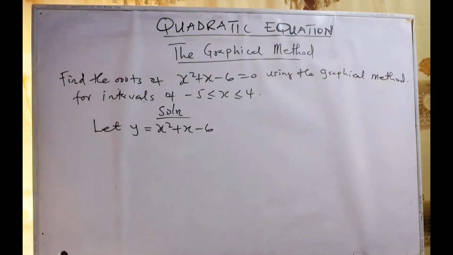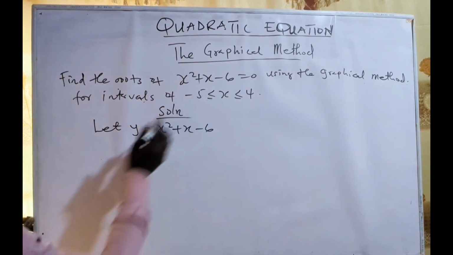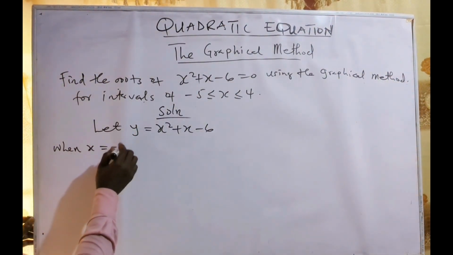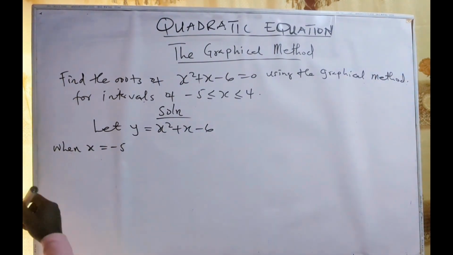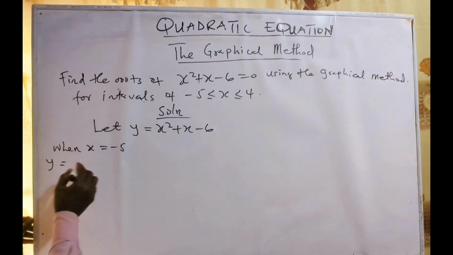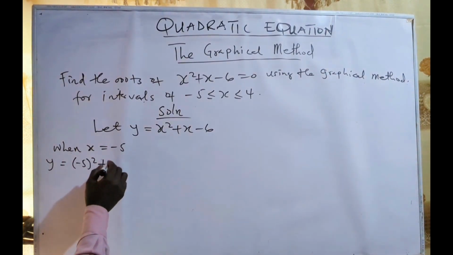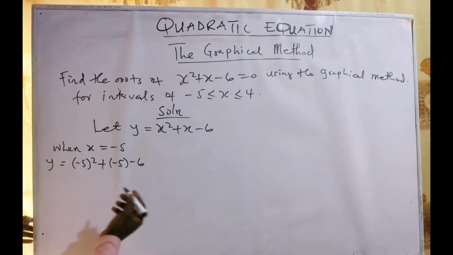Okay, so when you want to get the y values, we start the s from -5. So when s is equal to -5, you substitute it into the quadratic function. So y will be equal to what? -5 squared plus -5 minus 6, so that we can get the corresponding y value.